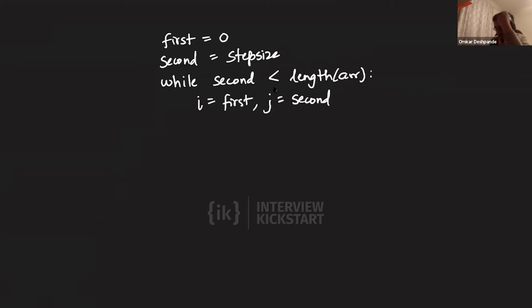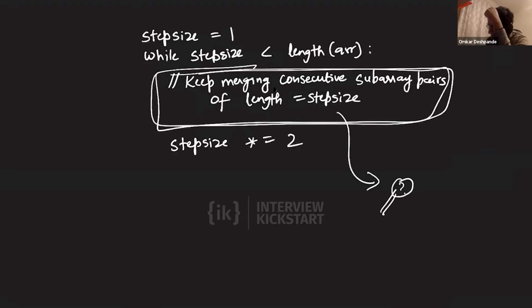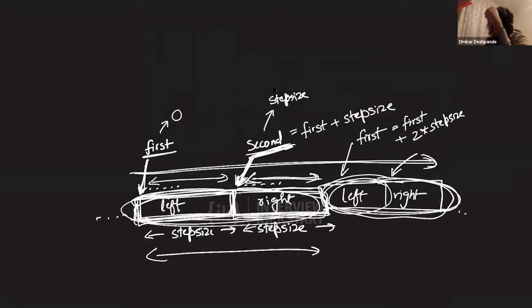We have the same while loop: as long as the i pointer has not yet jumped off the right edge of the left subarray. When it jumps off, it's going to be equal to the second pointer.